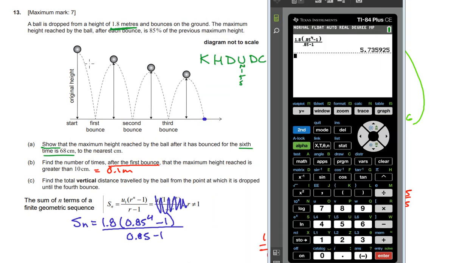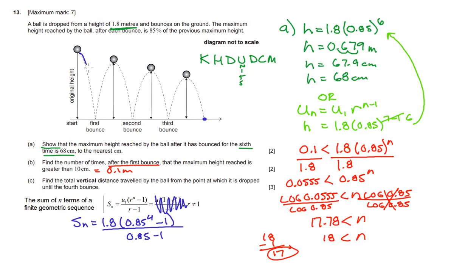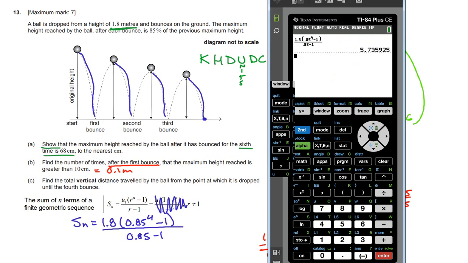Now, here's the weird part. This is just counting this distance here. It's not counting the distances back up. So really what we just calculated was this, this, this, and this. So this 5.735 again is all the blue, so we also have to add this, this, and this back in.